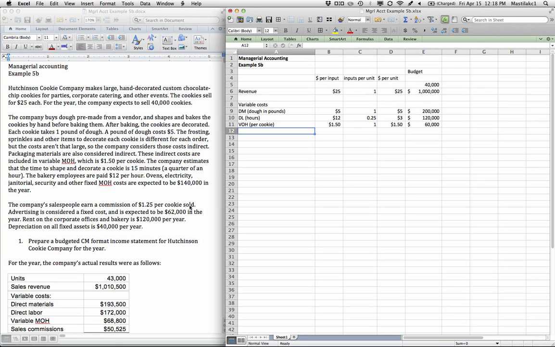Yes, we have sales commissions per unit or per cookie. $1.25, 1 cookie per cookie, $1.25 a cookie. Total sales commissions should be $50,000. Those are all the variable costs that we have.